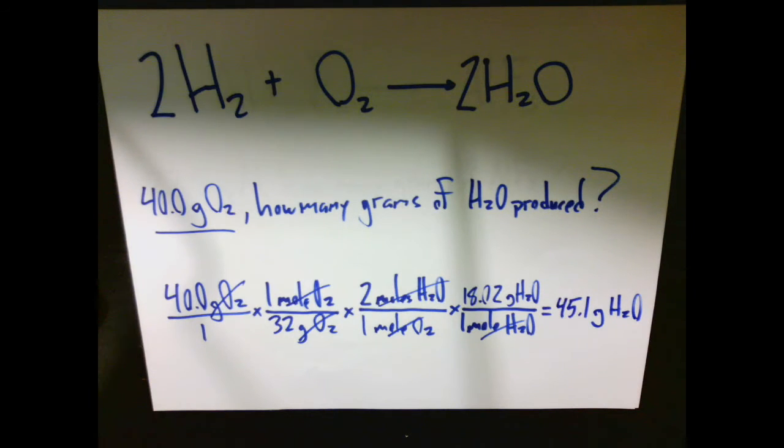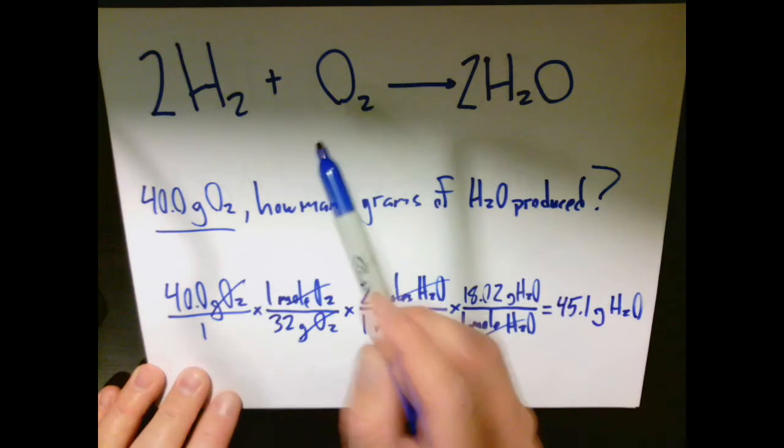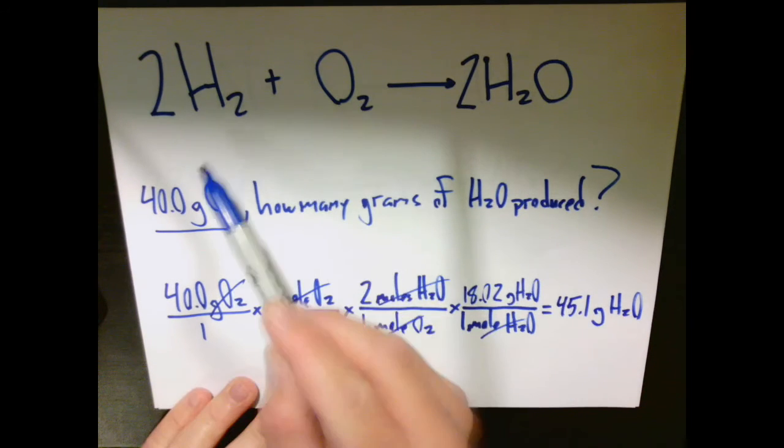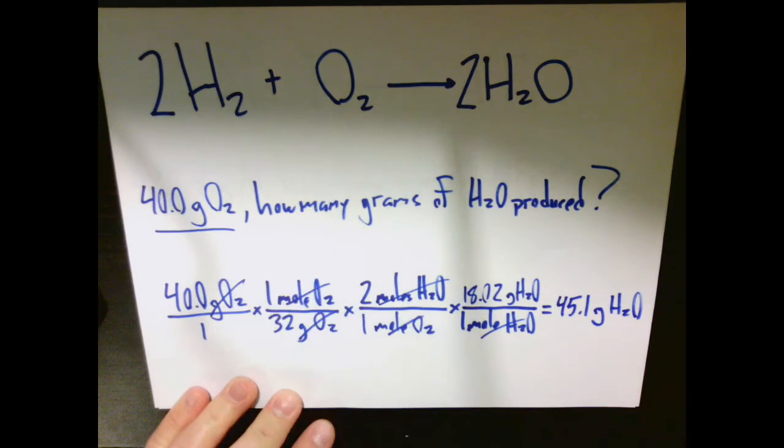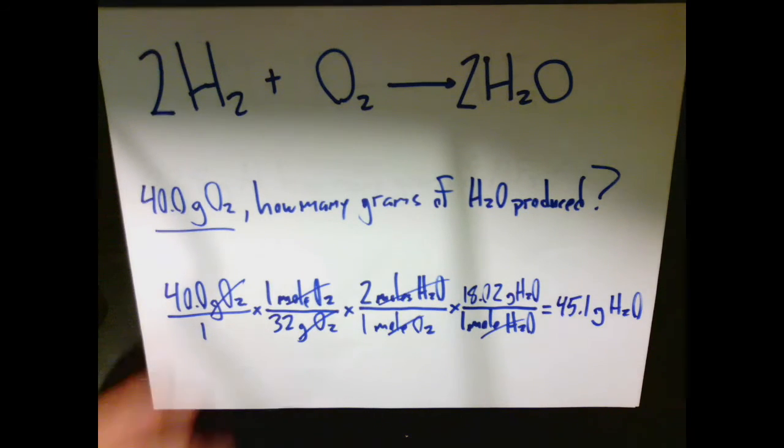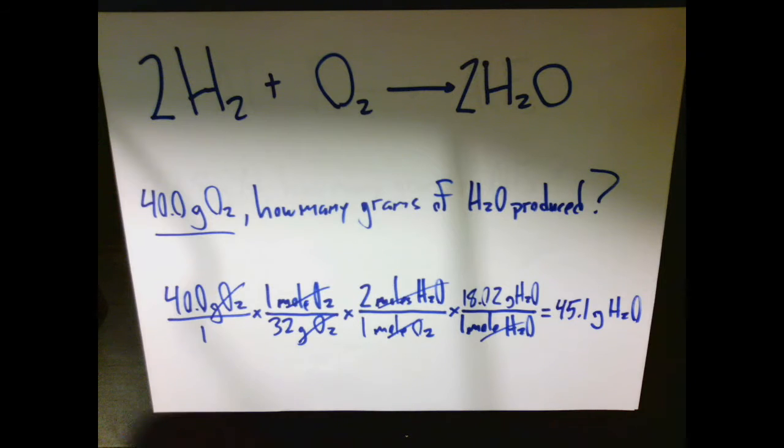So if you do this reaction and you have 40 grams of oxygen and enough hydrogen to react with it, you will get 45.1 grams of water, which is about 45 milliliters, or about 1.5 ounces of water.